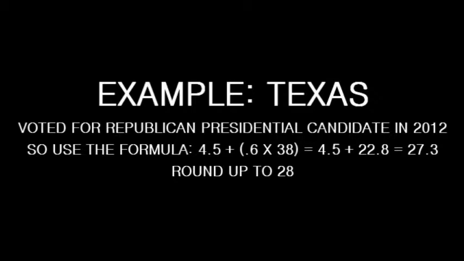Why? Because it voted Republican in 2012 for president. So you take 4.5 plus 0.6 of 38, which is 4.5 plus 22.8, gives you 27.3. You round up in this case. The Republicans round up at this stage, which gives you 28.